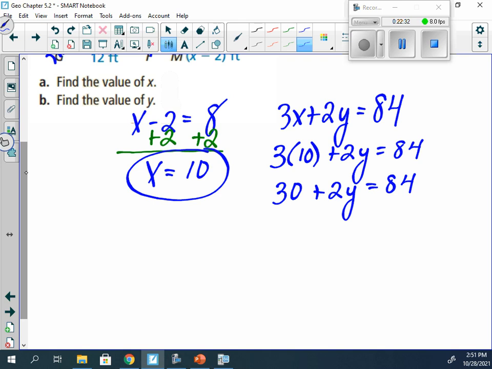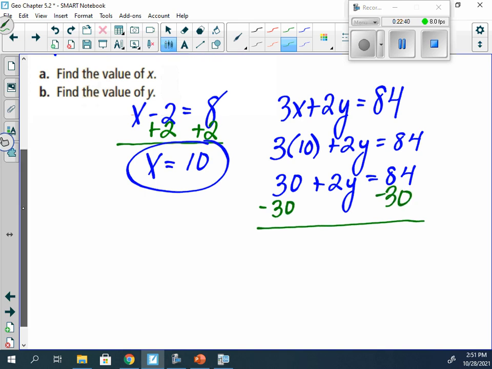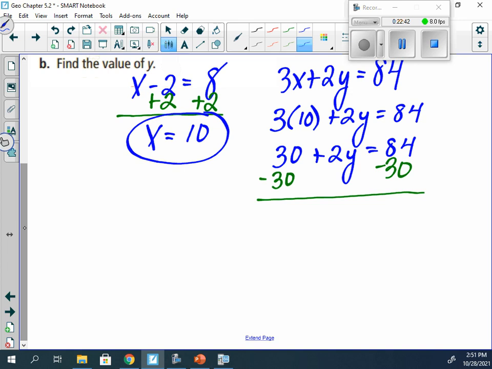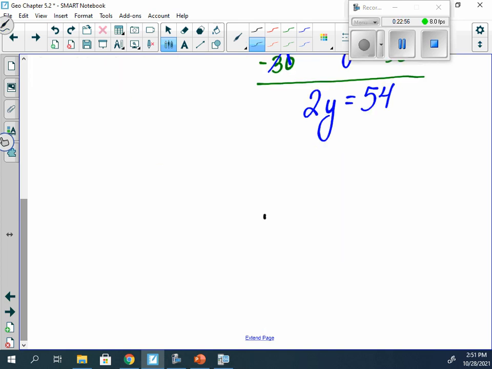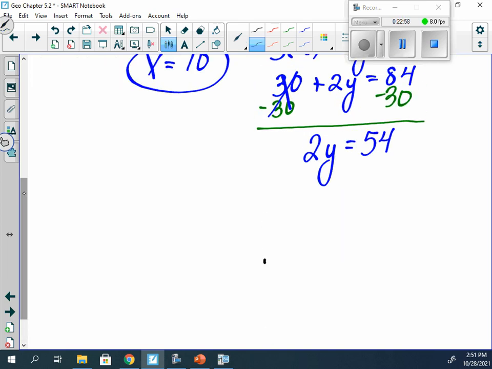Take away 30, because 30 minus 30 would be 0. So 2y is equal to 54. So we would divide 2y and 54 by 2 to get y by itself.